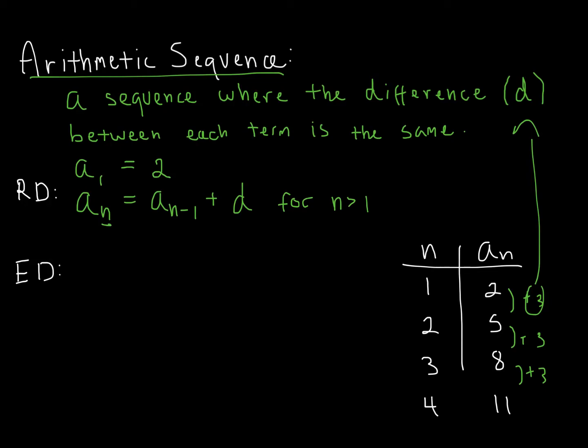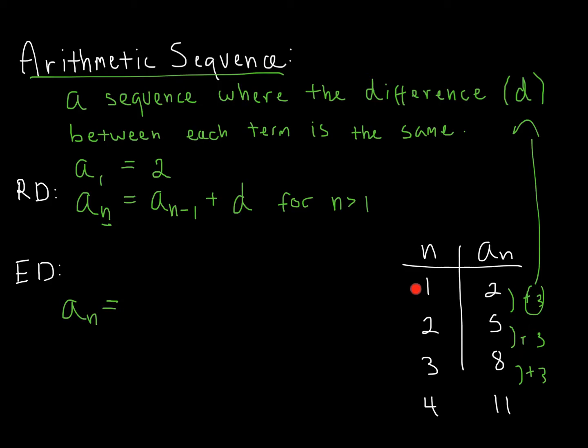Okay, well now let's think about how we could write the explicit definition here. So a sub n is going to be equivalent to, and let's just think about how we can get to any term. You are going to get from term to term by adding 3 a certain number of times. To get to the third term, I'm going to need to add 3 once and then 3 twice.